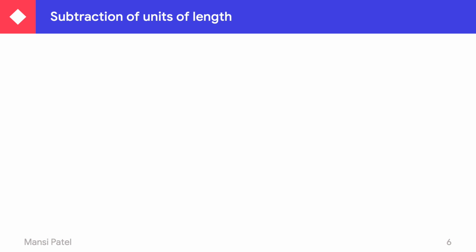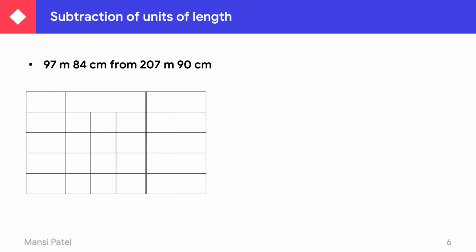Let us see another example of subtraction. 97 meter 84 centimeter from 207 meter 90 centimeter. As we know, which number do we write down first? The number which is written after "from". That you have to write down first. So first we make one table. In that, write down the units. Your units are meter and centimeter.